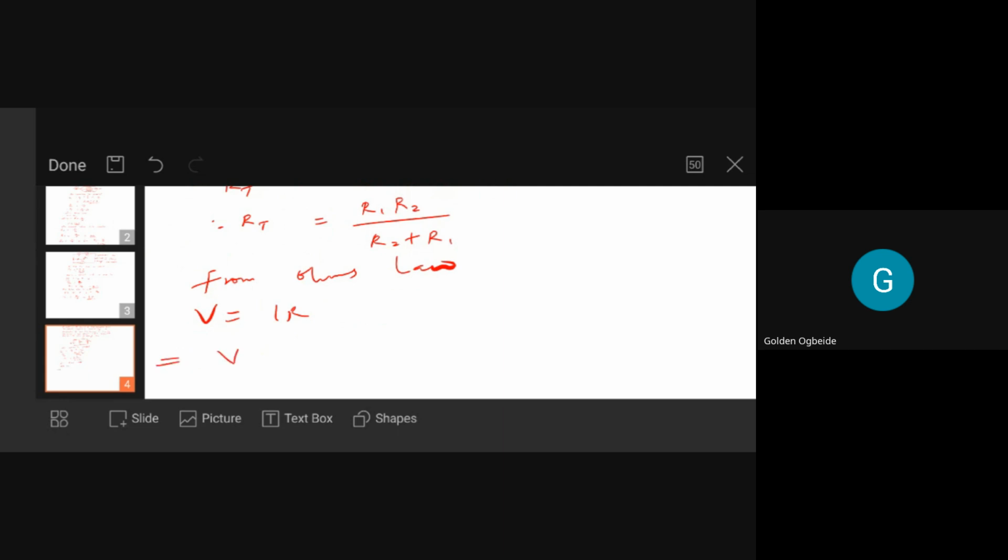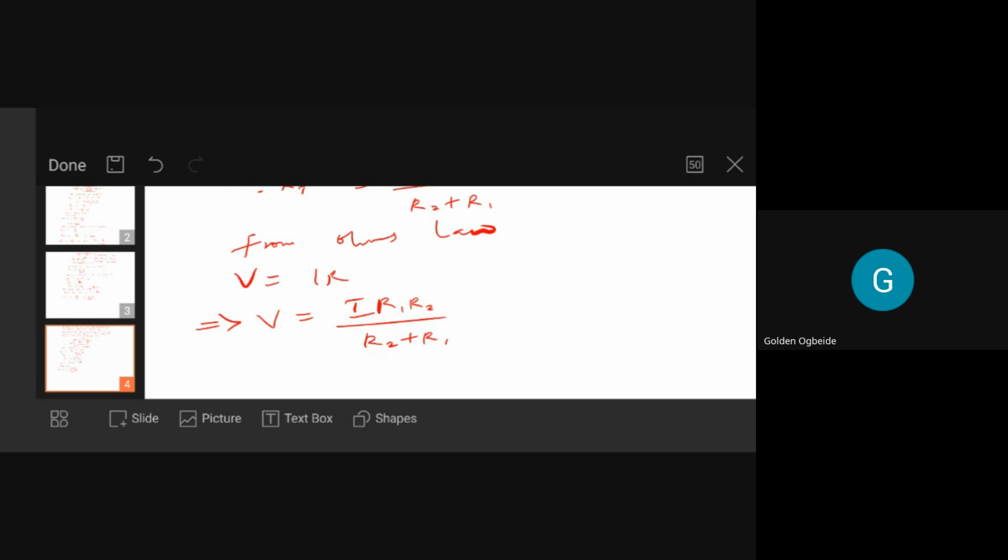This implies that the potential difference across that circuit can be given by this expression: V equals I multiplied by R1 R2 divided by R2 plus R1.